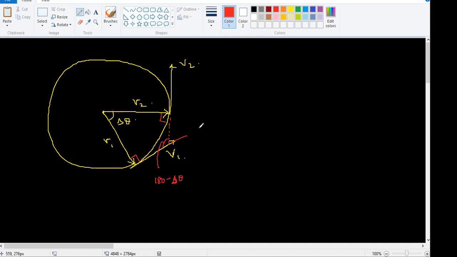If this is a straight line, if this is 180 minus del theta, this has to be del theta. Anybody not following this, please ask me. So quadrilateral: if this is del theta, this is 180 minus del theta, because 90, 90 is 180, so the remaining is 180 minus del theta, which means this is a straight line, so this is also del theta. What this means is the angle between R1 and R2 is del theta, which means the angle between V1 and V2 is also del theta.